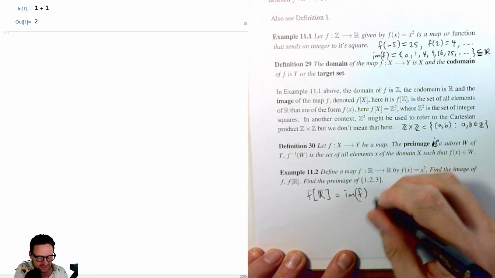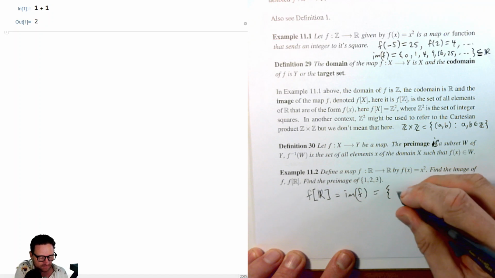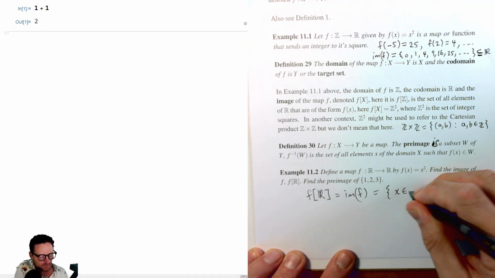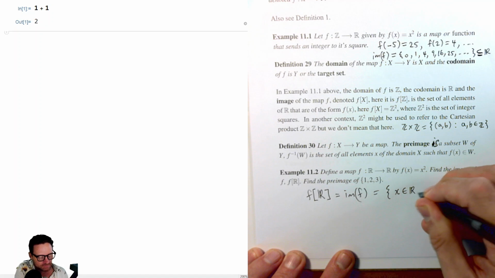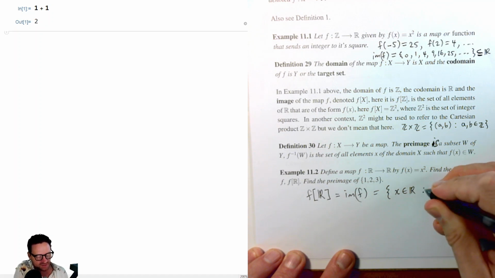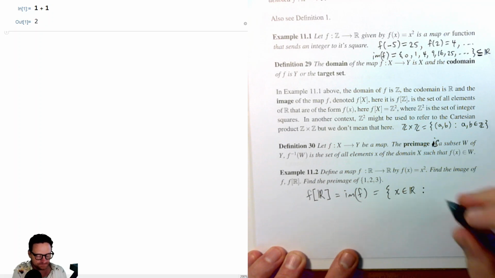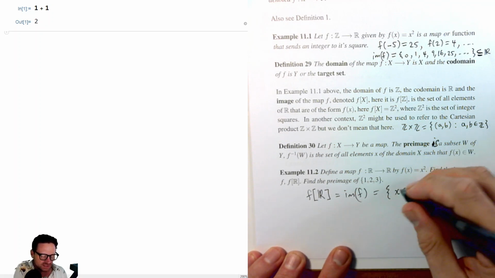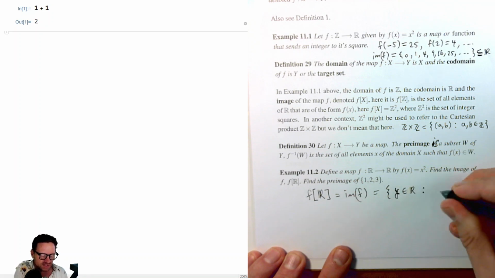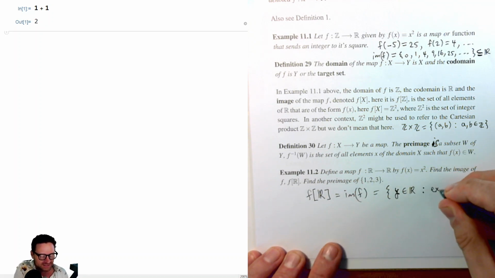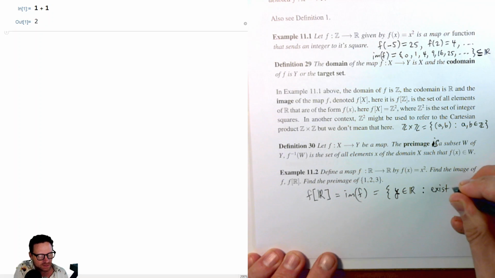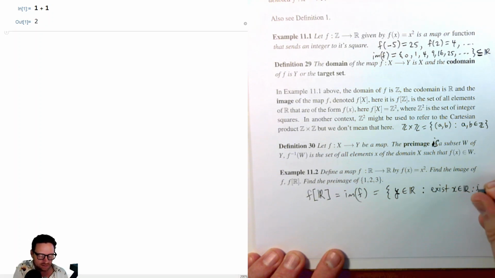This is the set of all real numbers y such that there exists a real number x satisfying f of x is equal to y.